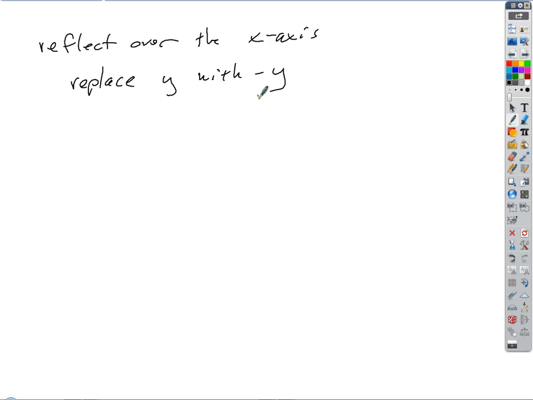And what does that mean? If we have something like y equals x squared, and I want to reflect that over the x-axis, I'm just going to multiply y, which is that whole thing, by negative 1. That would give me y equals negative x squared. Same thing, by the way, as just having a negative a, because a is the number that's multiplied by the whole function. So if a is negative, that's exactly the same thing as multiplying y by negative 1. See what I'm saying? Okay.